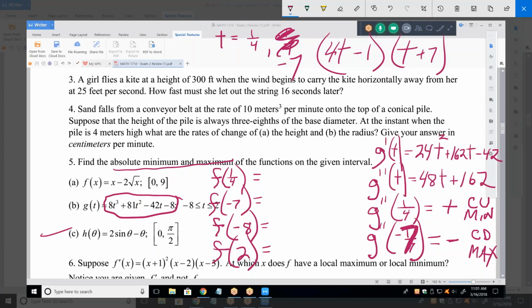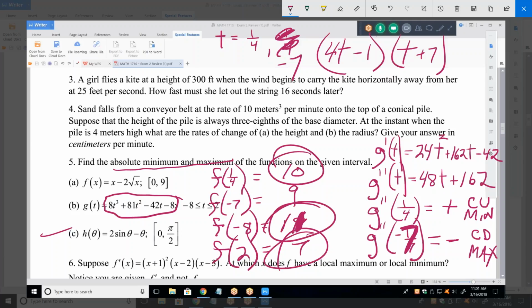And then let's say I came up with 10, 9, 8, 7. Then I have an absolute maximum and an absolute minimum. If this number comes up to be 11, then that's the absolute maximum. It's not inside the interval, it's on one of the endpoints. So that's the process. All right? Okay. Yeah.